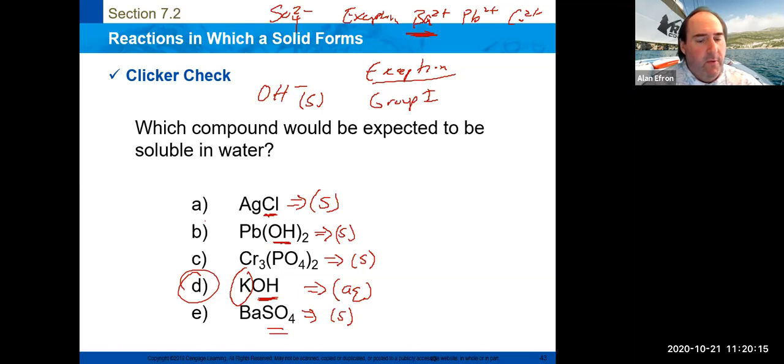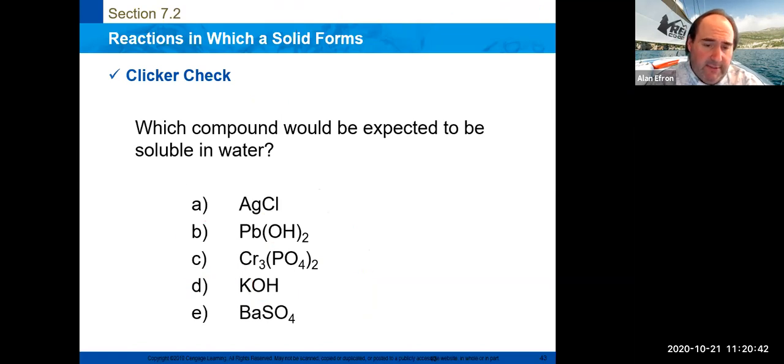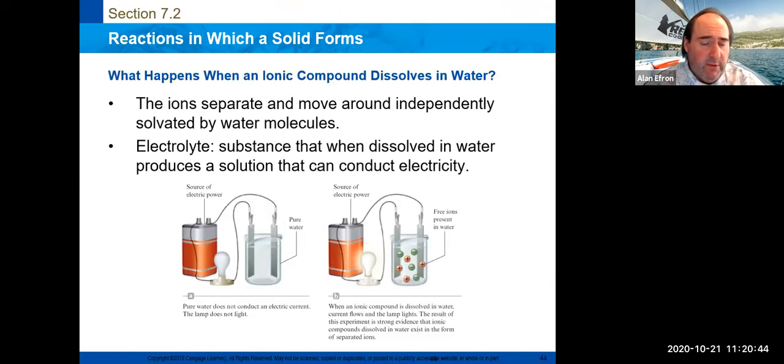All right. So how does this help us understand what's happening when, for example, we mix together a couple of solutions that produce a whole bunch of ions in solution? The production of ions also causes another property that we see, and that is what is sometimes referred to as electrolytes. Electrolytes are basically substances that, when dissolved in water, conduct electricity. The reason they're able to conduct electricity is because of the presence of the ions.